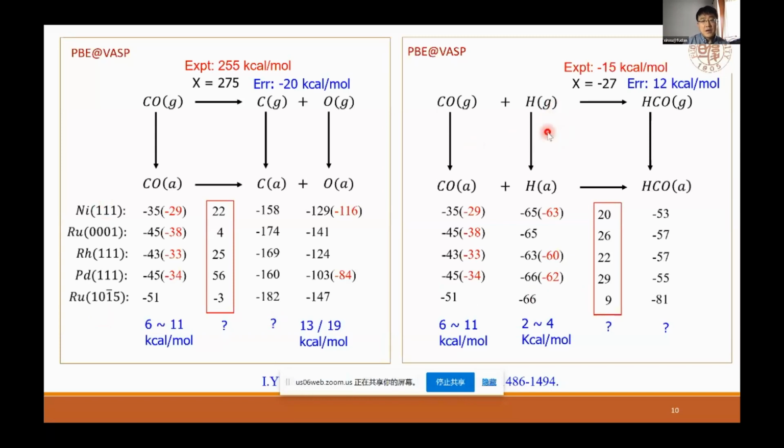Here, say we have CO hydrogenation, which now has an error of 12 kcal/mol in the gas phase using PBE in VASP. And then again, for the surface reaction to be accurately described, we have to rely on error cancellation of all this amount on different metals and different facets.